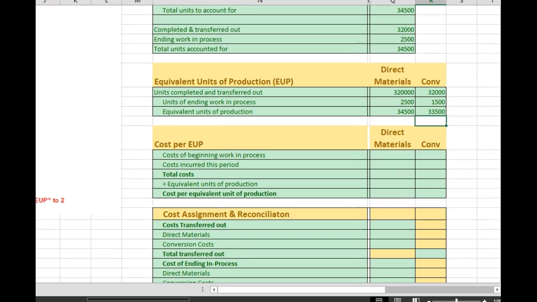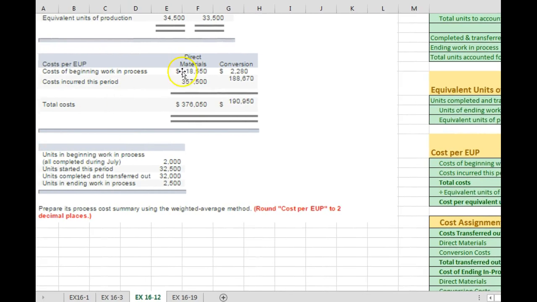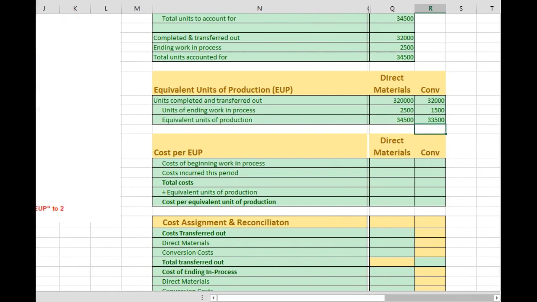So now, what are our costs to bring across here? You're looking right here. This 18,000 and what we've incurred back and forth. So those just get transferred over. So the cost of the beginning inventory was 18,550 and 2,280. Costs incurred are 35,500 and 188,670.